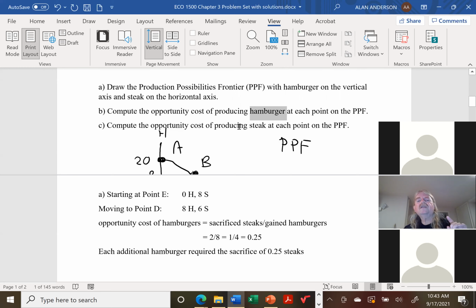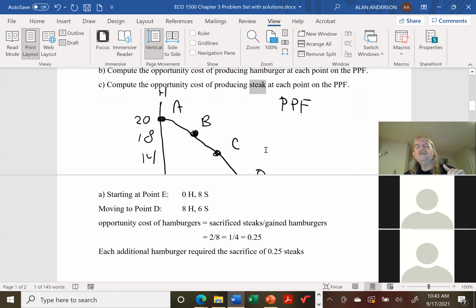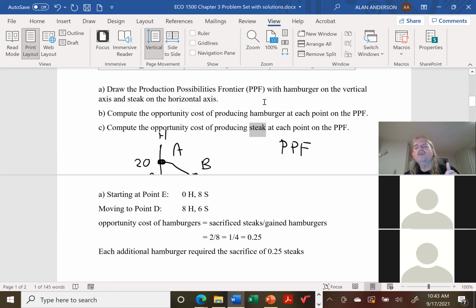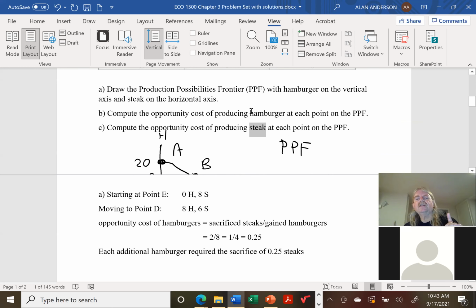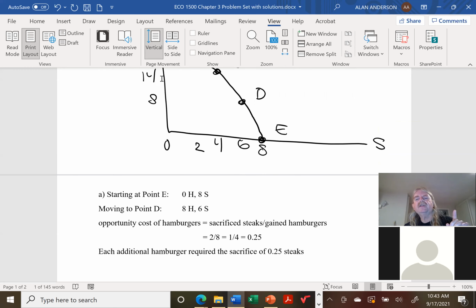Now in part C, it asks about steak, and we're going to go from A down to E. So the direction you go depends on which good they're asking about. If they're asking about the good on the vertical axis, then you're going to start in the bottom right-hand corner and move to the left. If they're asking about this good, the steaks, you're going the other way around.